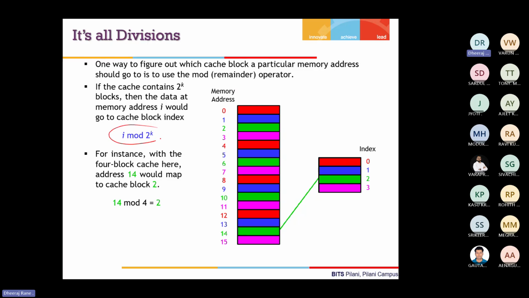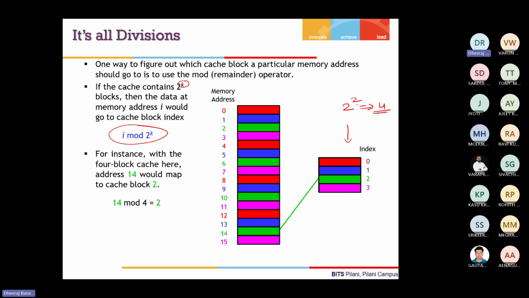So this is what I told you, I mod 2 to the power k, where k is the number of bits corresponding to the cache address. So here we will be needing 2 to the power 2, ultimately 4, right?